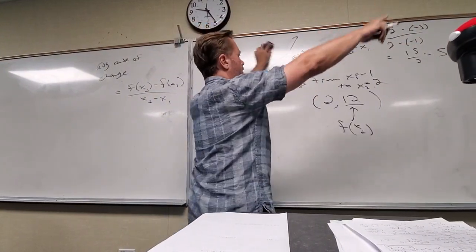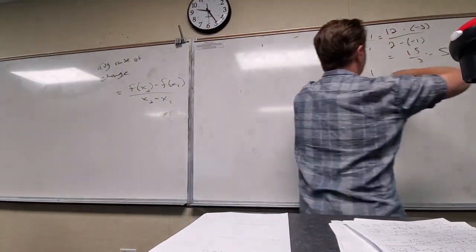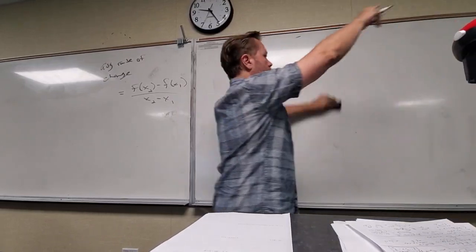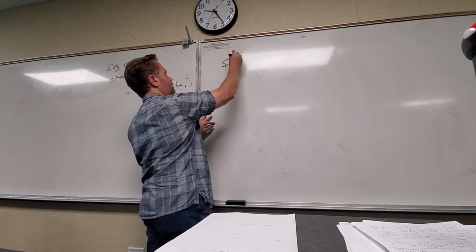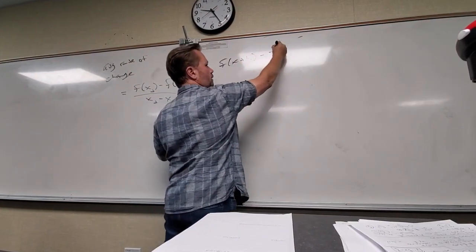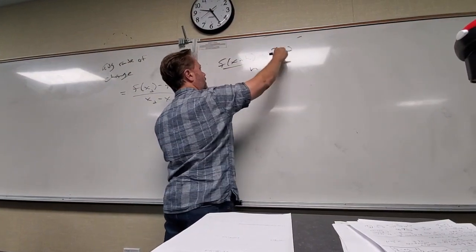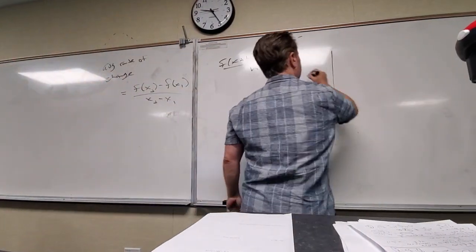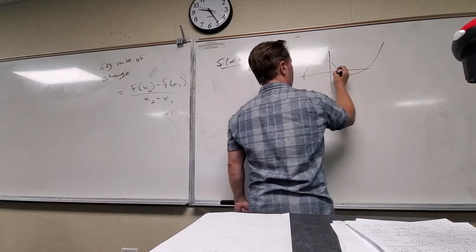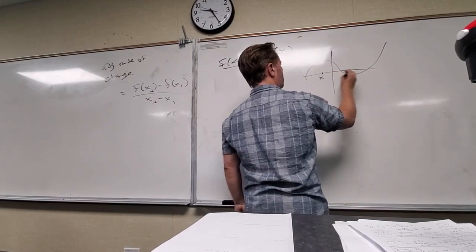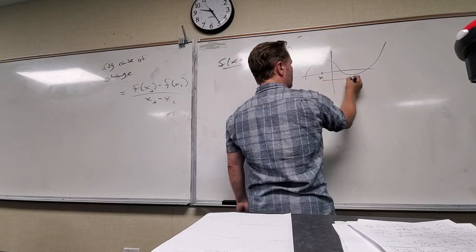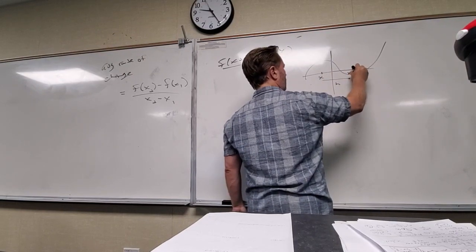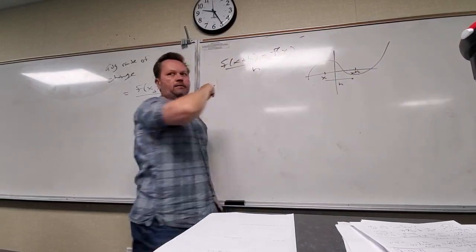Number 15 doesn't really follow the instructions. So they give me this. Let's say I've got a function and I've got an input here, and then I've got an input that's h away from the first one.